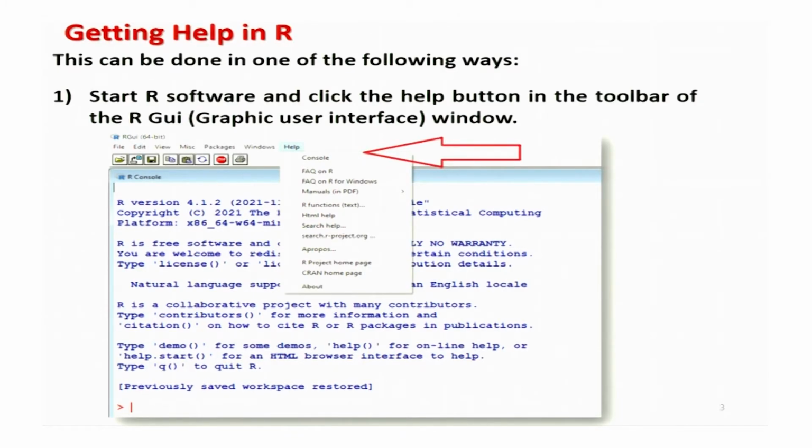So, the first option is that you just go to this R GUI window and click here, there is an option here, Help, and then you can see there are frequently asked questions on R, that is FAQ on R for Windows, manuals, R functions, etc., HTML, search, etc. They are given over there, and you can click them and then you can explore how they are trying to give the information on any particular aspect. Right. So, before I move forward, let me give you this demonstration on the R console also.